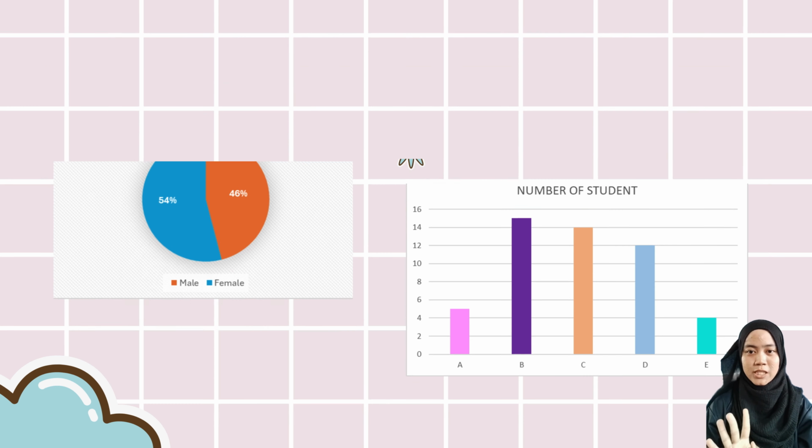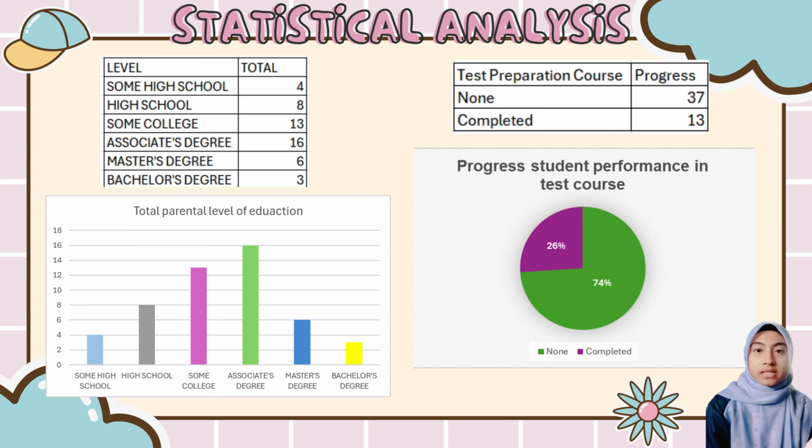We look at the bar chart showing the total in each level of education. We have 6 levels: some high school, high school, some college, associate degree, master's degree and bachelor's degree.